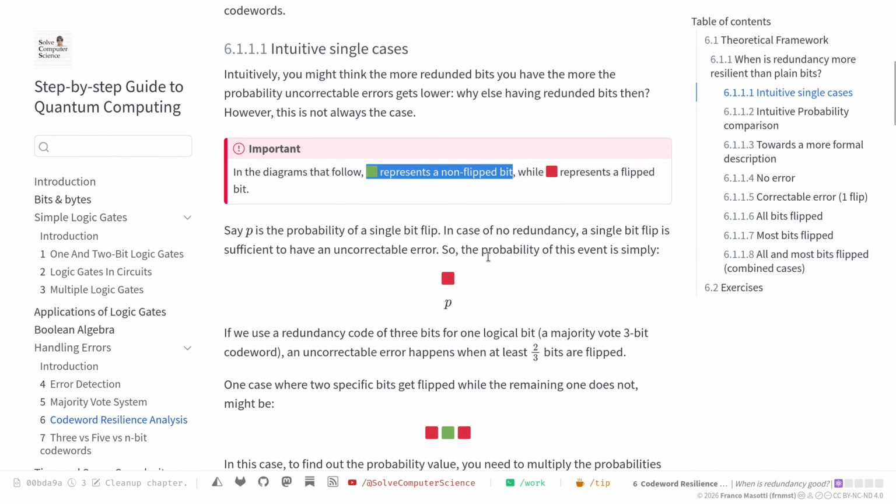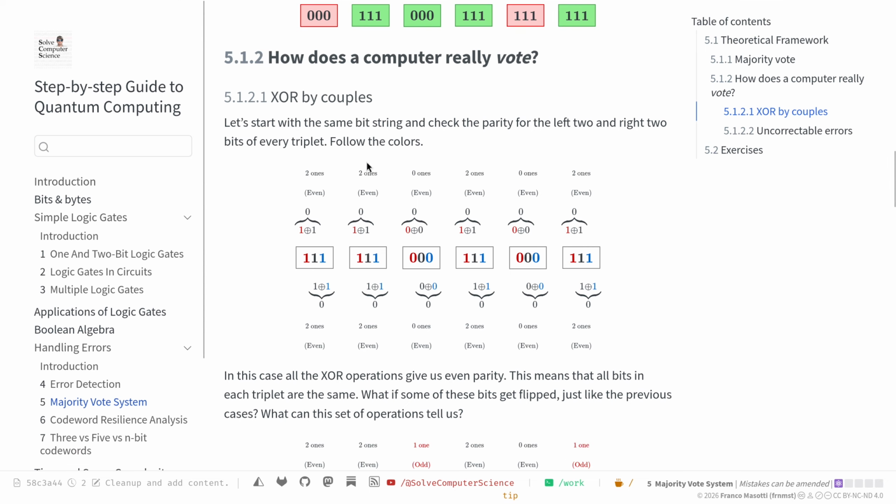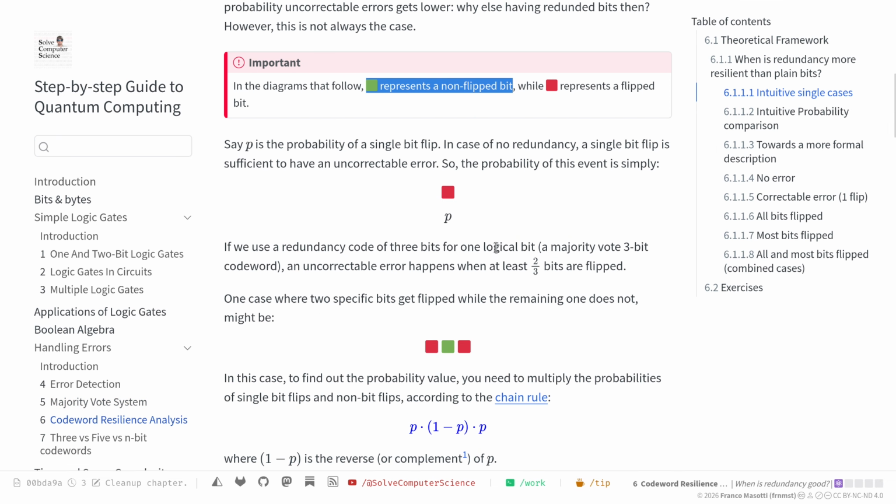So the probability of a bit flip is just p, okay? However, when you have a 3-bit string like these ones here, we know that when at least 2/3 of the bits are flipped, we get an uncorrectable error. So you have the case where 2 of 3 are flipped or all 3 are flipped.